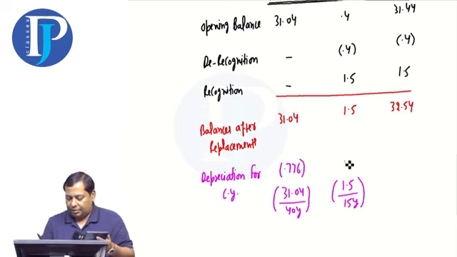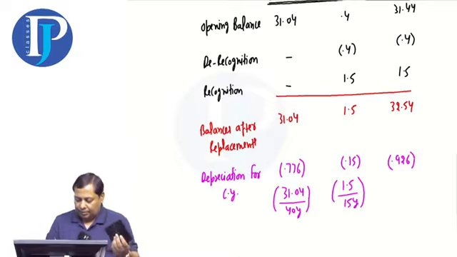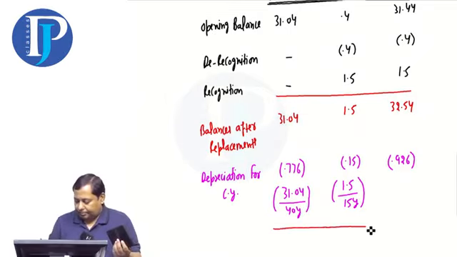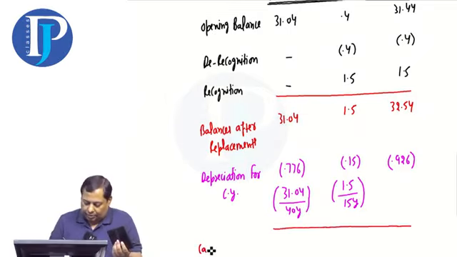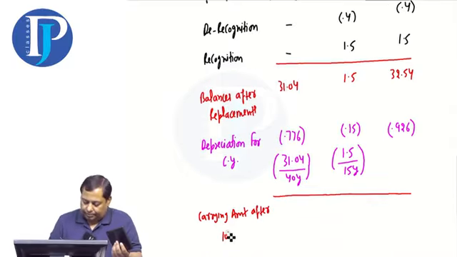This is depreciation. It will be 0.15 here. Total 0.926. Carrying amount after 10 years?